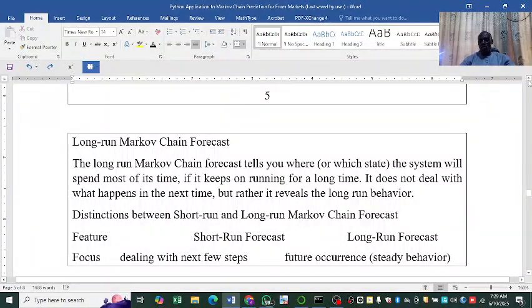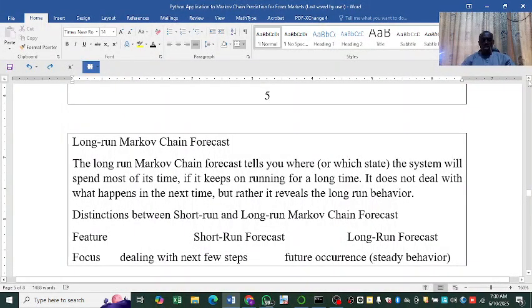It does not deal with what happens in the next time as we have in the short run. But it tells us, after a long time, how the system will stabilize. Rather, it reveals the long run behavior of a system.